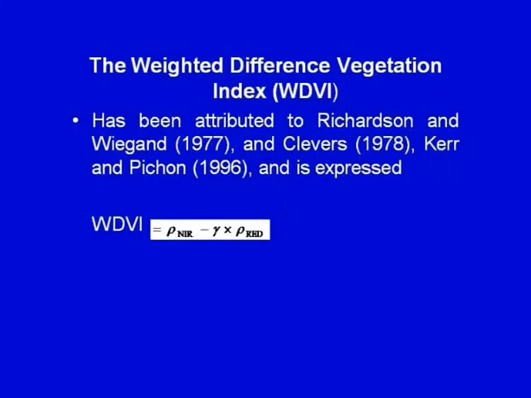First is the weighted difference vegetation index, or in short WDVI. This has been attributed to Richardson and Wiegand and Clevers, Kerr and Pichon, and it is expressed as the difference between the NIR and the red weighted by a factor gamma.